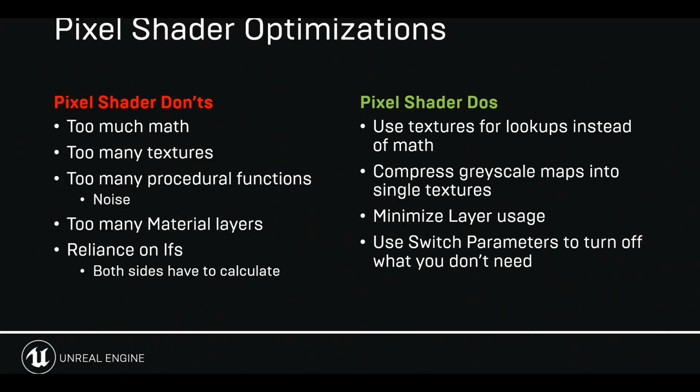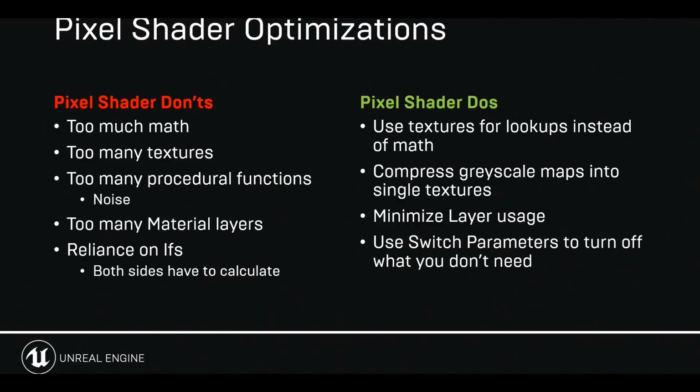Watch out for procedural functions. We make a lot of really cool nodes that will do really cool effects in your shader. The noise is my favorite one because we have a really cool noise node in the engine now. I wouldn't use it for anything I was shipping, just so we're clear. You can definitely use it with render target bake to actually make textures, like tileable textures, but I wouldn't leave a noise node in anything that I intended to have on my screen.